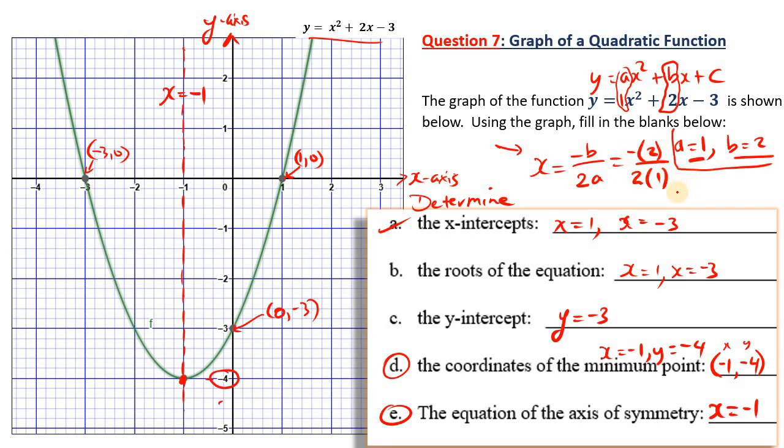The negative of 2 is negative 2, and 2 times 1 is 2. 2 into negative 2 goes negative 1. So x equal negative 1, which is exactly what we have down here. So you can use the algebra method to find the equation of the axis of symmetry, or you can simply recognize where the line cuts through the drawn parabola.